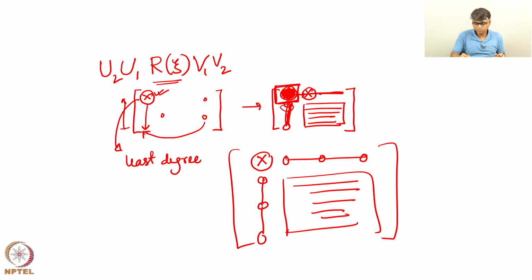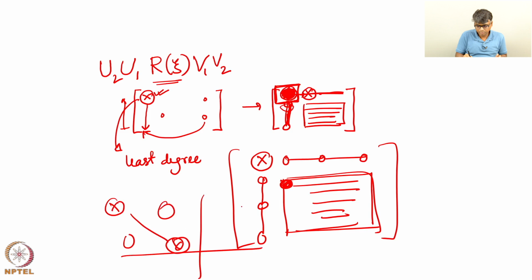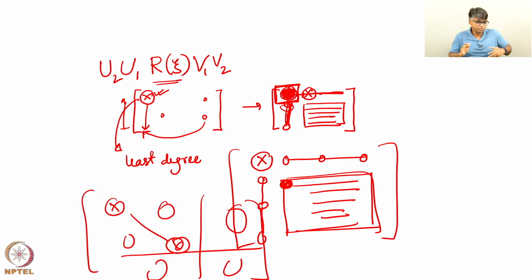You just forget about the first row and column, concentrate on this block and do the same operation on it. Each time the degree will keep on reducing. So ultimately, this will become a diagonal matrix. Unless they are all zeros, you will be able to run this process again and reduce the degree further, but the degree cannot reduce forever, so it has to stop. I hope this is clear.